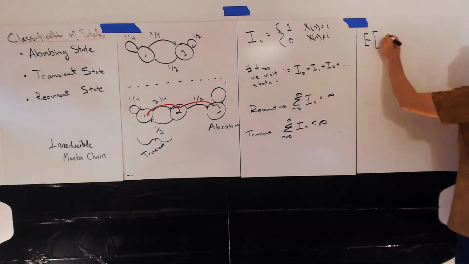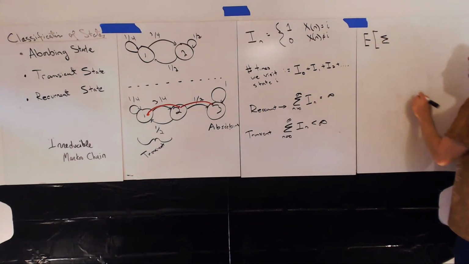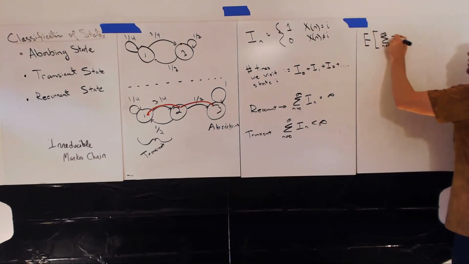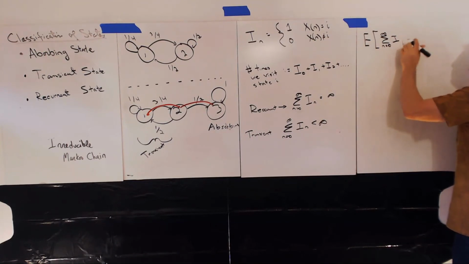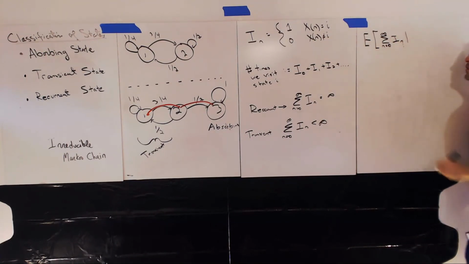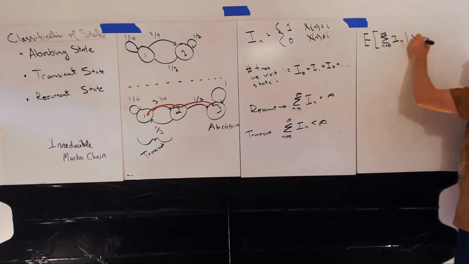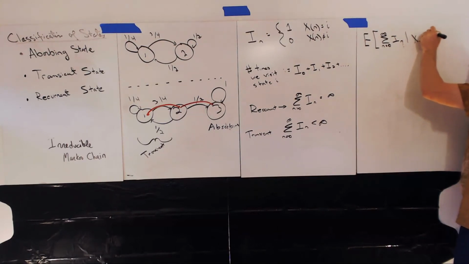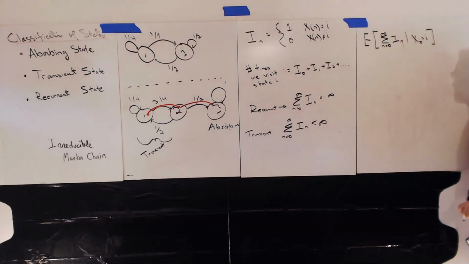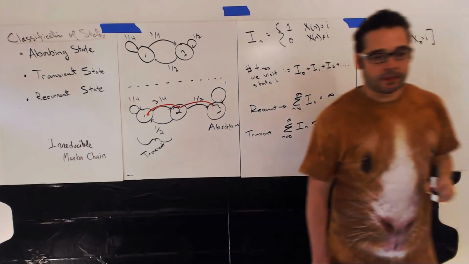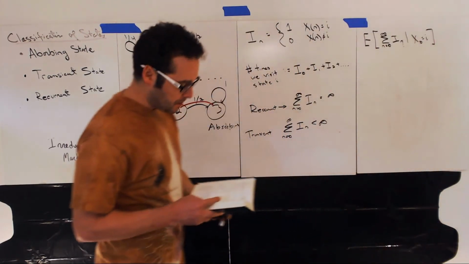What we're going to do is take the sum from n equals 0 to infinity of I of n, given that we pretend we started in that initial state I. So this is the value that we want to calculate.